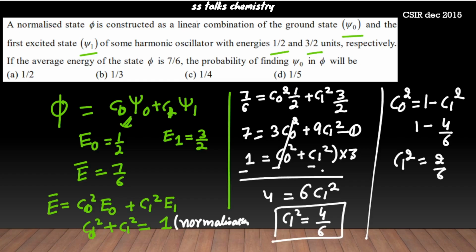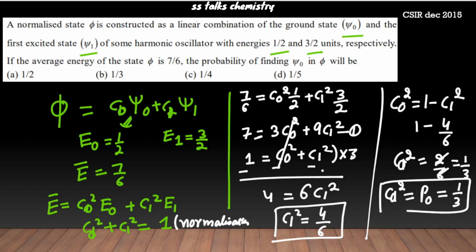So C naught square is nothing but the probability P naught, that means the probability of finding psi naught in the trial wave function, which is equal to 1 by 3. So this is going to be the probability, and that makes option B the right answer.